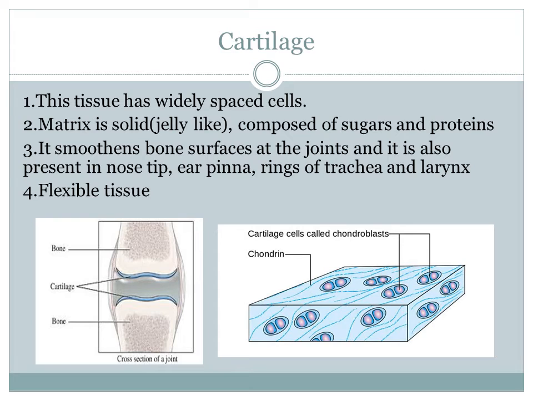Cartilage is located in ear pinna, nose tip, epiglottis, rings of trachea, and ends of long bones. Function of this tissue is to provide support and flexibility to body parts, and it smoothens bone surfaces at joints.